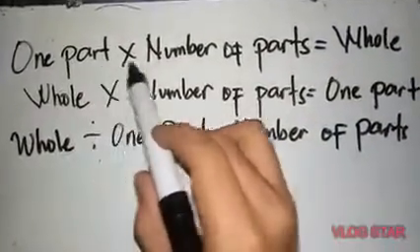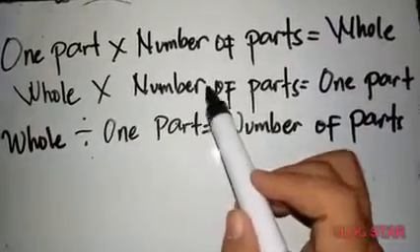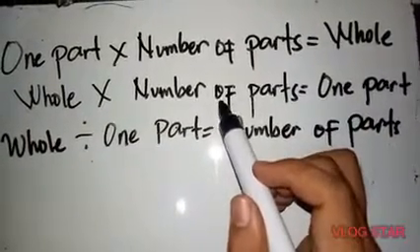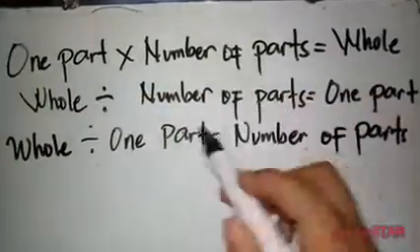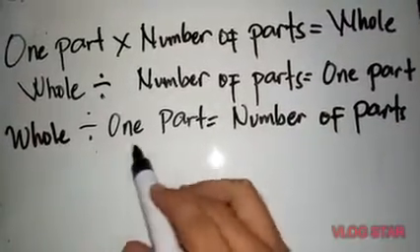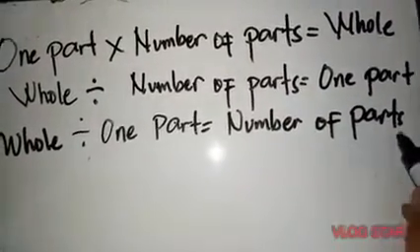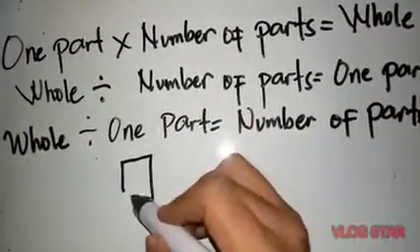Okay, 1 part times number of parts is whole. Whole times number of parts, or divide. Number of parts is equal to whole divided by 1 part, and whole divided by number of parts is equal to 1 part. Example, 1 part is 1/3.